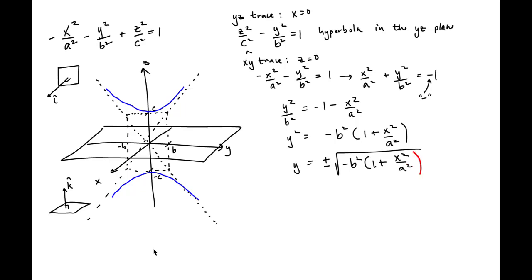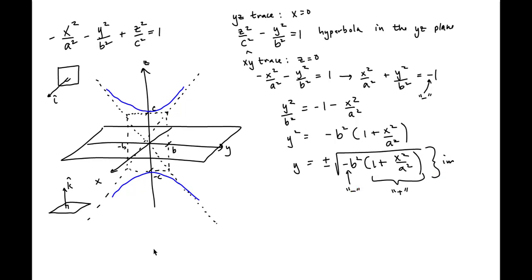It's imaginary. I know it's imaginary because this is a positive quantity, because any value of x squared is going to be positive. Any value of a squared will be positive. 1 is a positive number. B is a positive number. We have this minus sign underneath the square root.